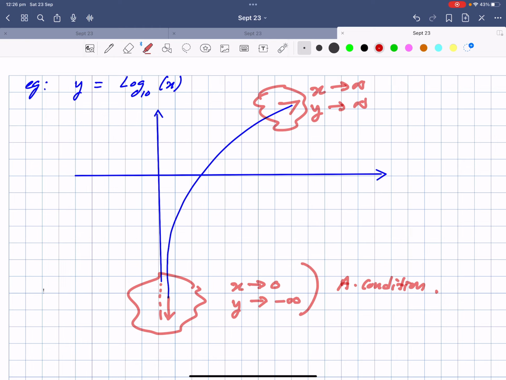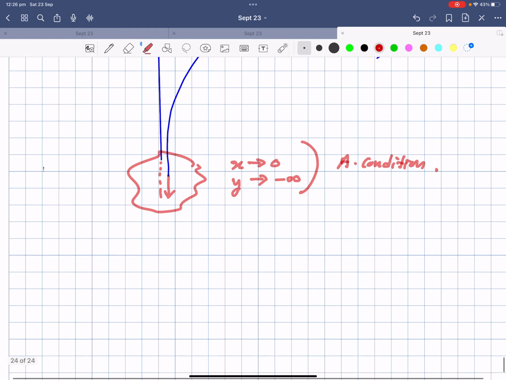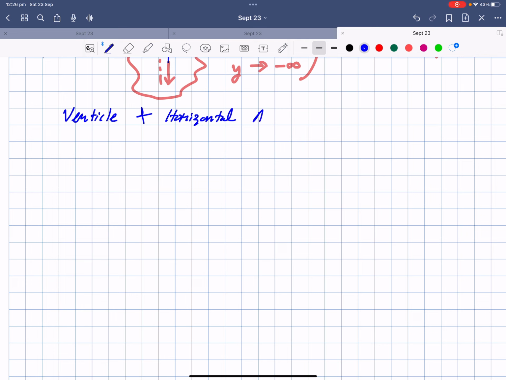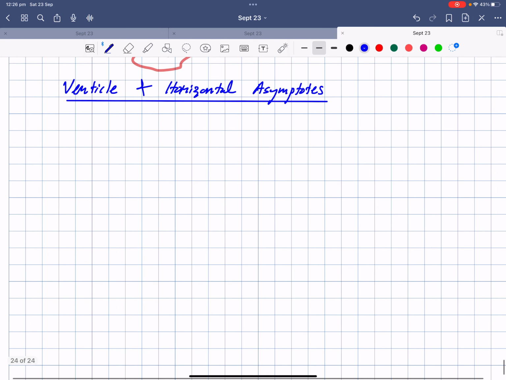Right? Now, in general, we can discuss vertical and horizontal asymptotes. Vertical and horizontal asymptotes.